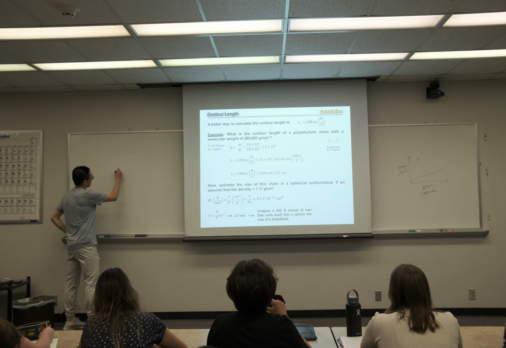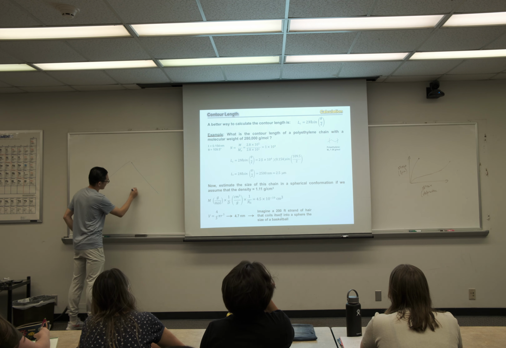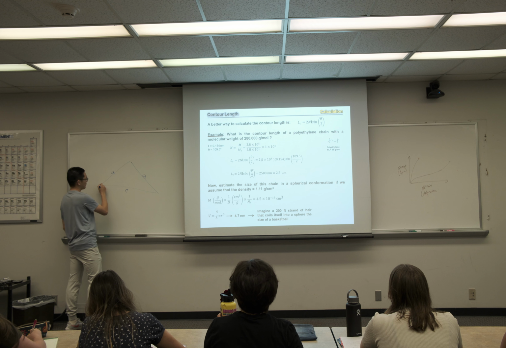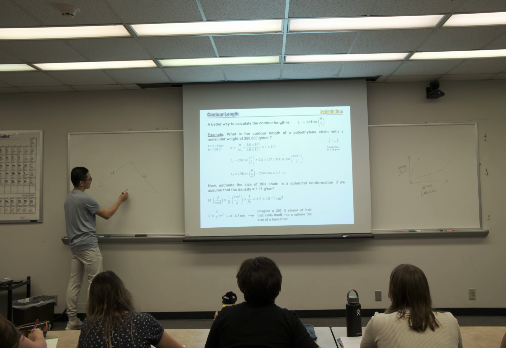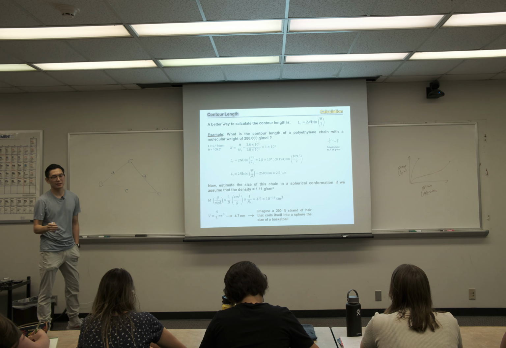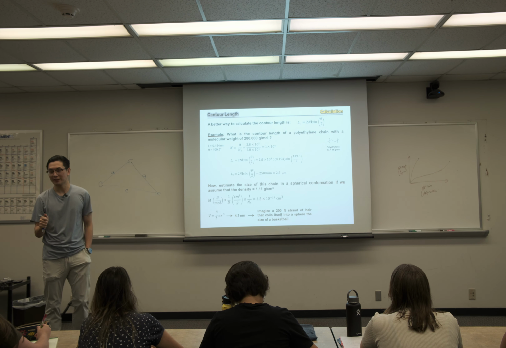So remember we have the bond angle. Let's call this AC. So this would be the carbon bond. This is just the length of C. This is another carbon. Everybody has learned geometry in math class, right?